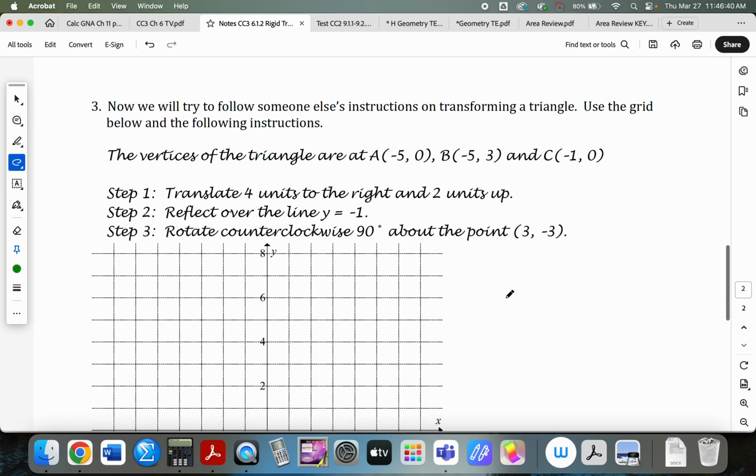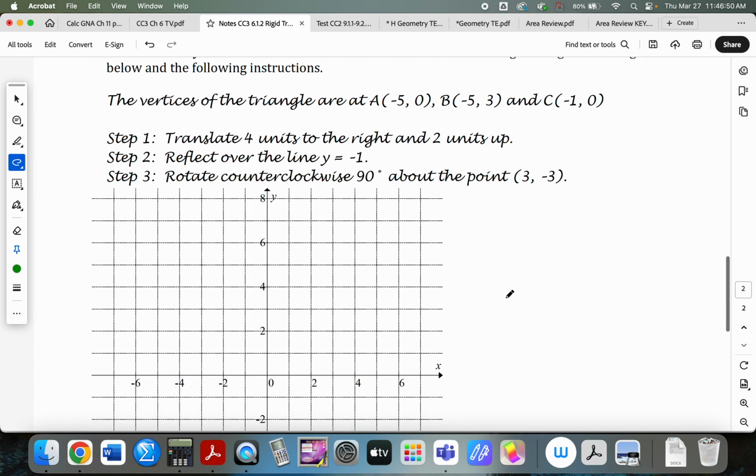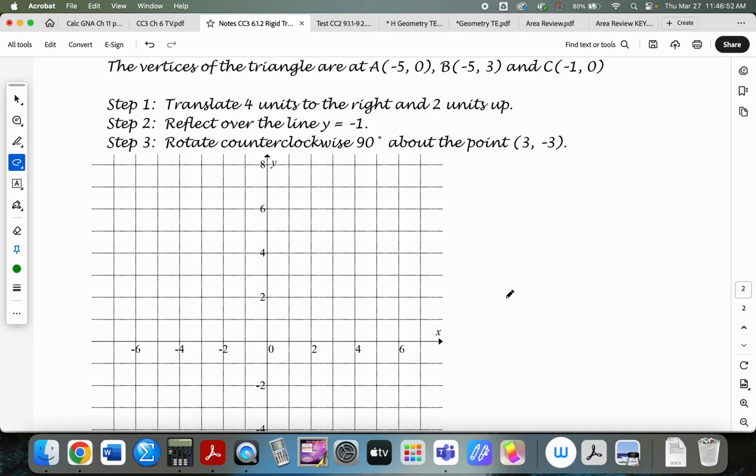Okay, so now we're going to try following someone else's instructions on transforming a triangle. So let's see if we can follow this. The vertices of the triangle are at -5, 0, -5, 3, and -1, 0.